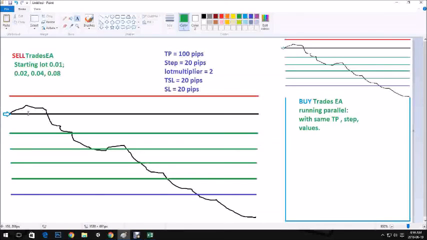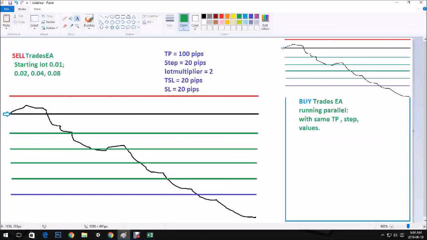So how do we solve this problem of making losses when the market is going against us? What we can do here is use another EA or another strategy running parallel to this. Same as we have a sell trades EA, we also have a buy trades EA, and it places buy trades based on all of these conditions.